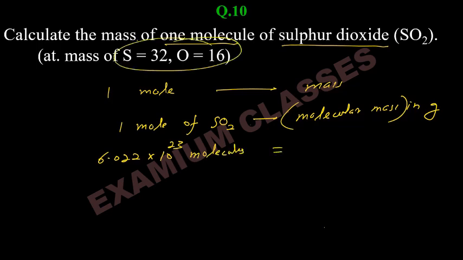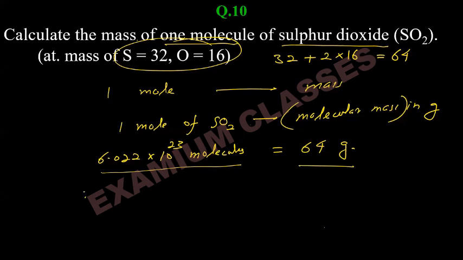Molecular mass of SO2 will be S plus twice of O, that is 64 grams. So these many molecules weigh 64 grams, hence by unitary method, for one molecule just divide.